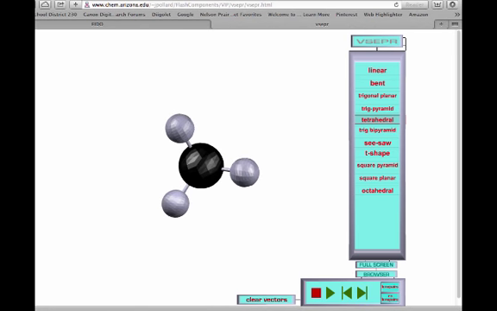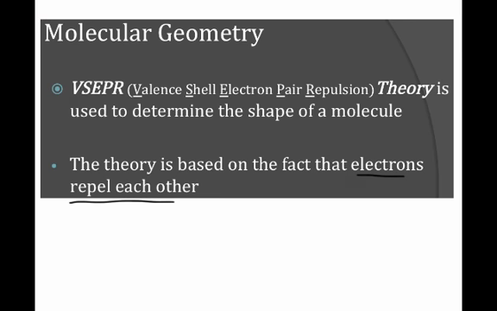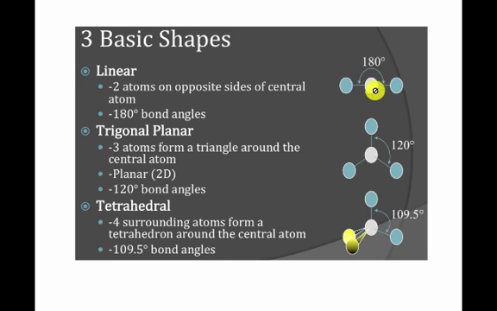All right, so if we go back to our model here, our theory, these are the 3 that we looked at: linear structures, trigonal planars, and tetrahedrals. So if I have 2 areas of electrons, where these electrons are negatively charged, a negative charge here and a negative charge here, because those are electrons, they're going to repel each other and try to get as far apart as possible, and therefore those atoms are 180 degrees away from each other.